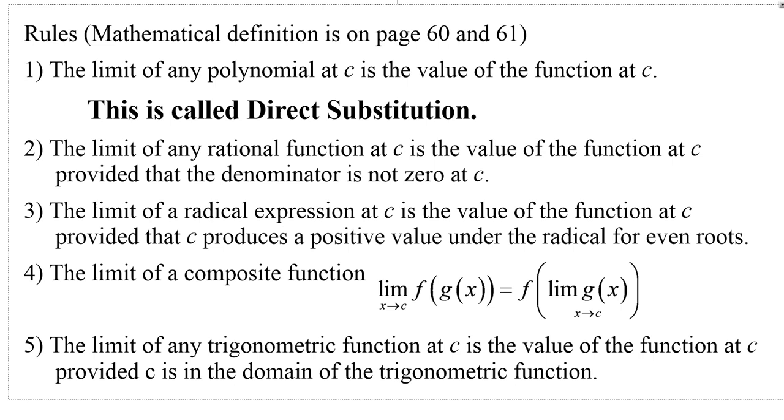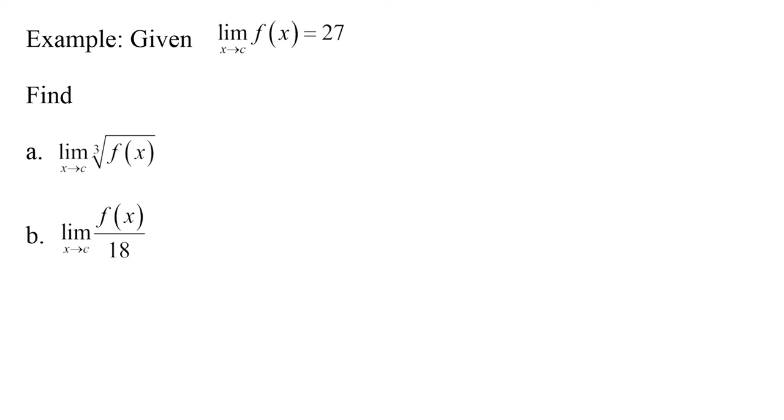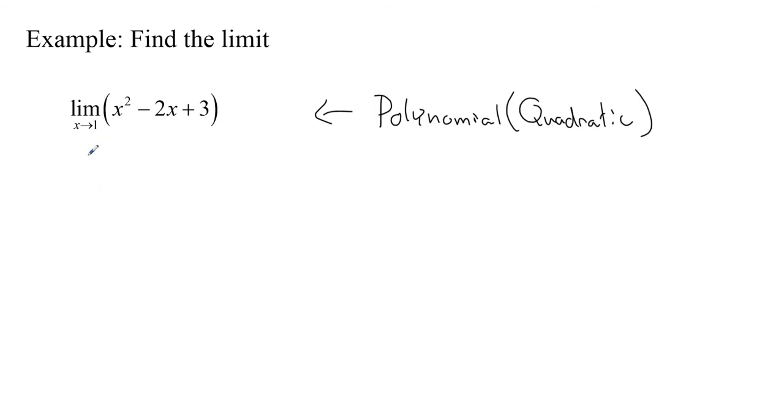And we had a rule back here, the limit of any polynomial at c is the value of the function at c. So instead of going through that whole big process here, we can just say that this is going to be the same as 1 squared minus 2 times 1 plus 3, which would be 1 minus 2 plus 3, which is 2. So that limit is 2.